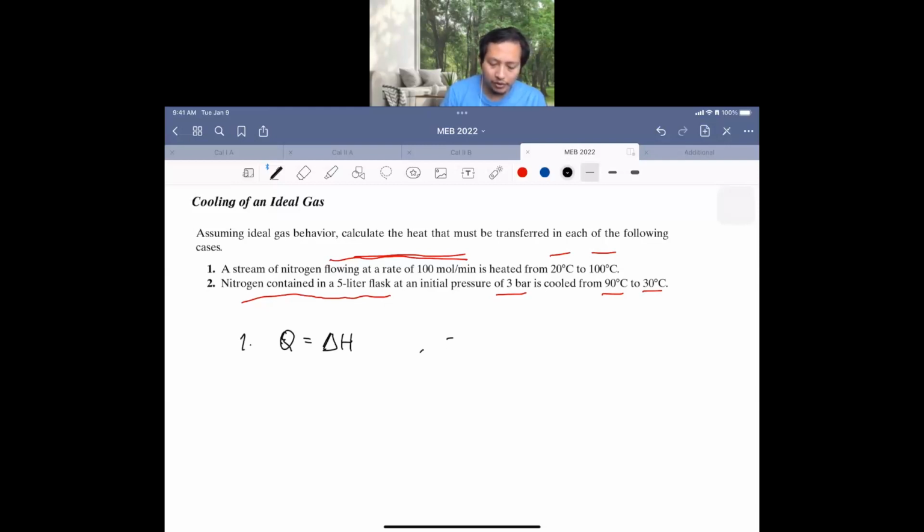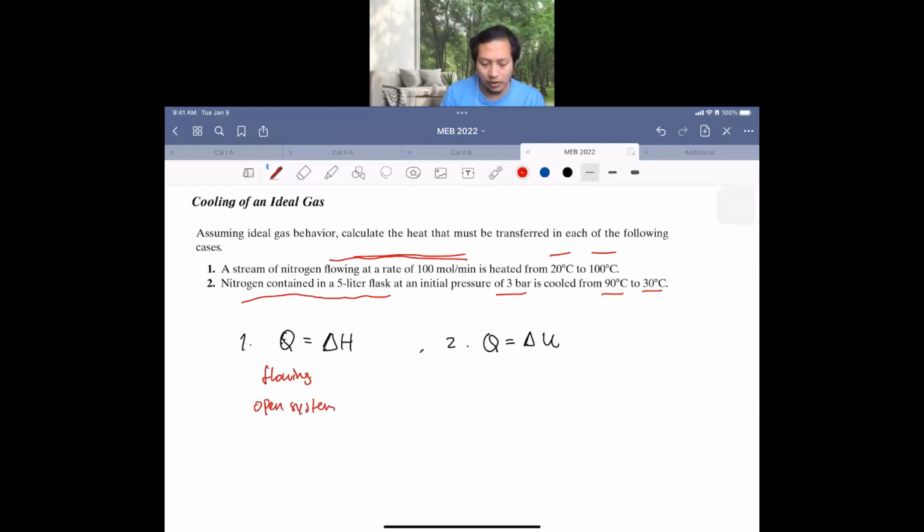For number two, this will be delta U. Because the first one is flowing, we can consider it an open system, so you need to be careful here.